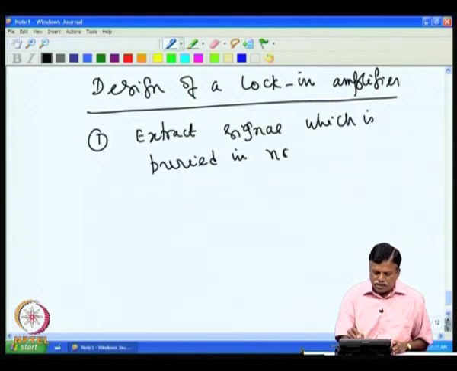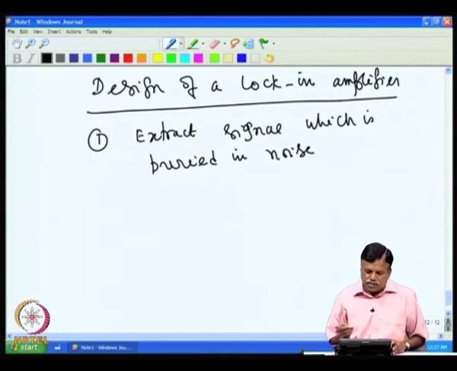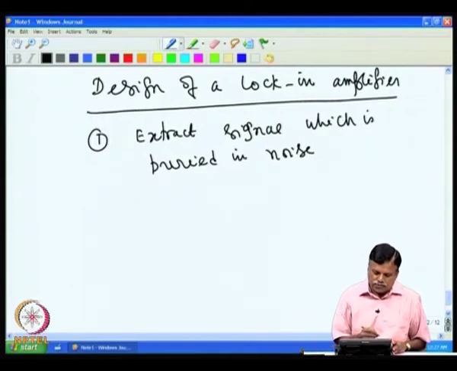Typical example would be that if the noise is 1000 times more than the signal, you can even extract the signal without much difficulty. For that purpose only the lock-in amplifier is used.